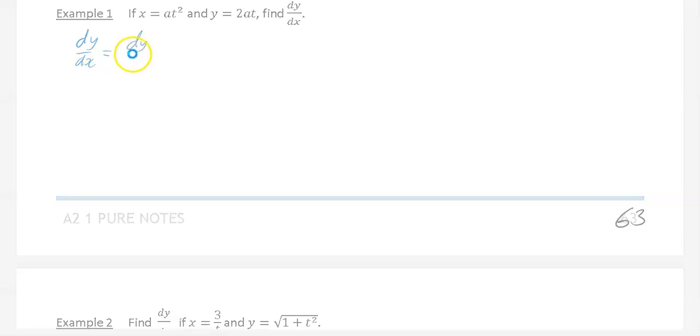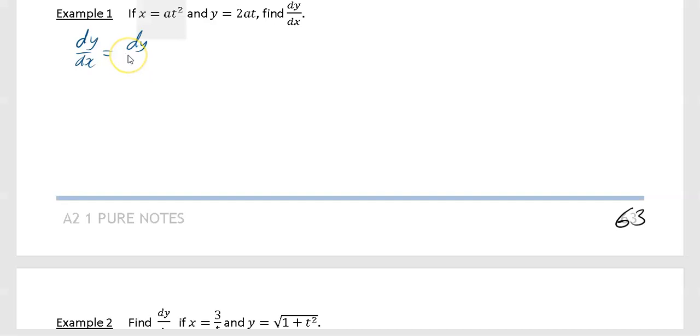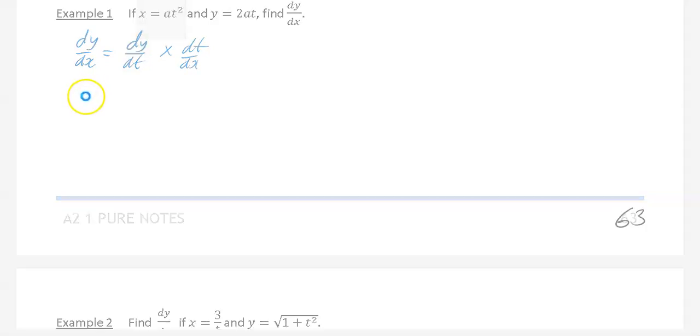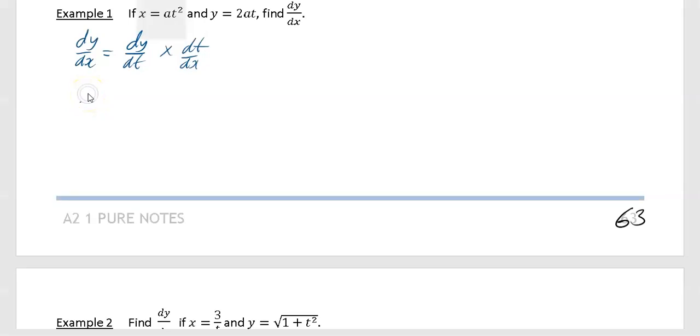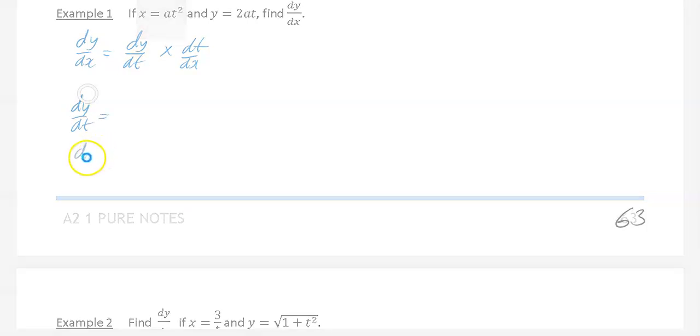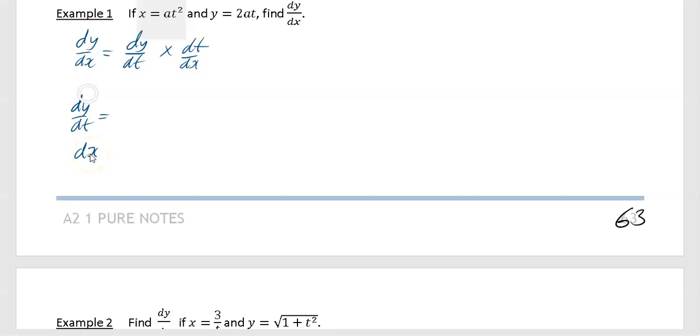So it's going to be dy by dt times dt by dx. So what we need to do is find our dy by dt, and we need to find our dx by dt.